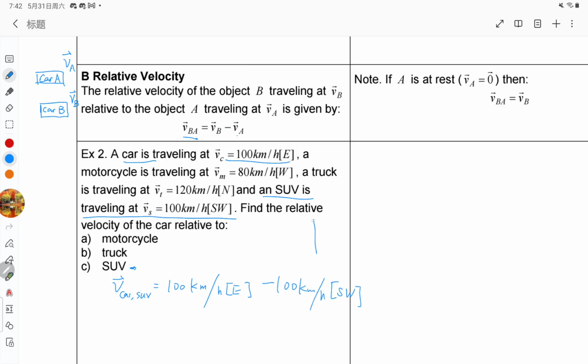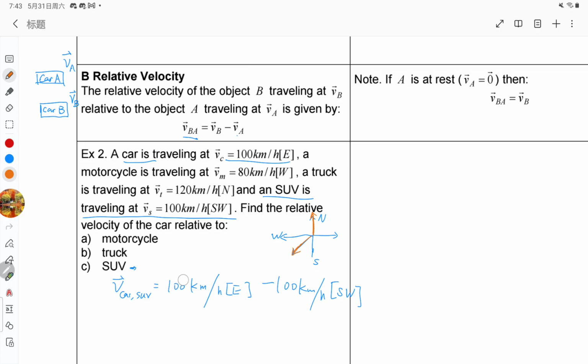Okay, let's draw this. Like this is the north, the east, the southwest. Southwest is probably like this, right? So one vector direction is this, and the other one going north is this, right?